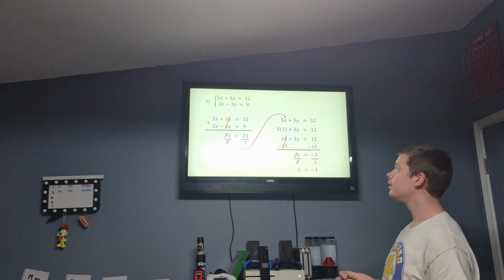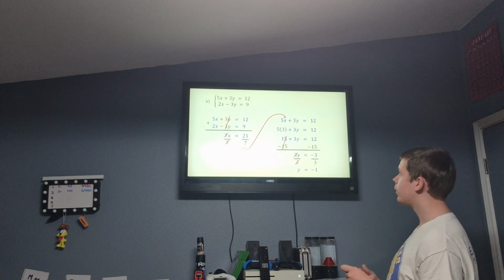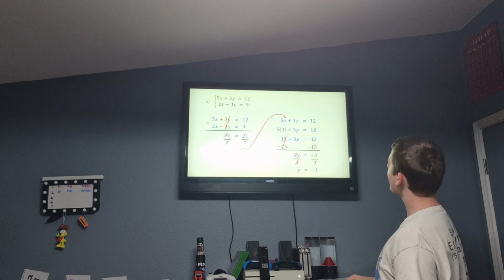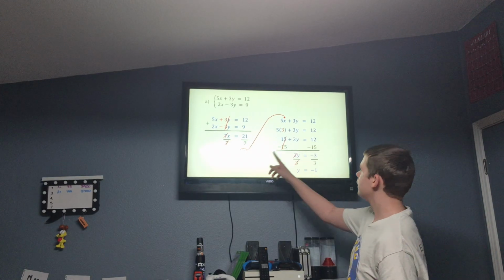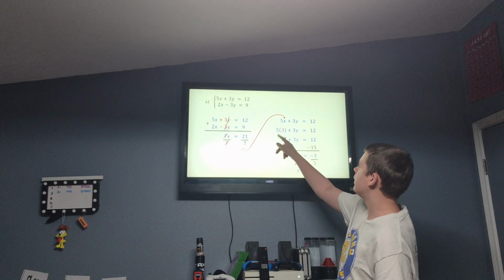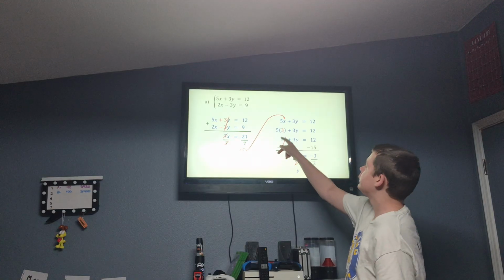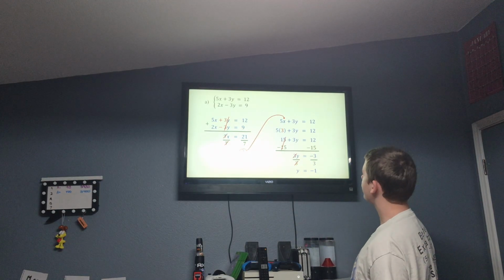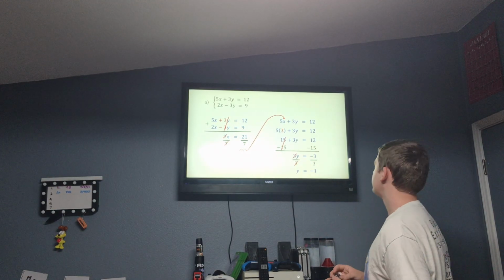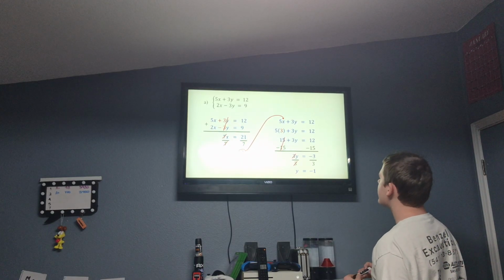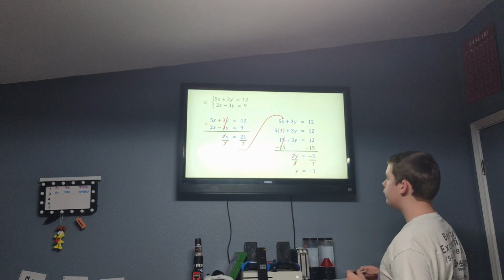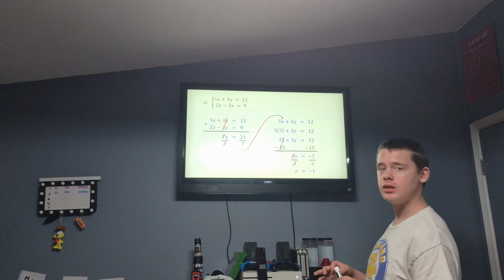When we divide it by 7, we get x equals 3. Over here, we have 5x plus 3y equals 12. So he substituted 3 for x. So 15 plus 3y equals 12. Now he subtracts 15. Now we have 3y equals negative 3, divided by 3 equals negative 1.